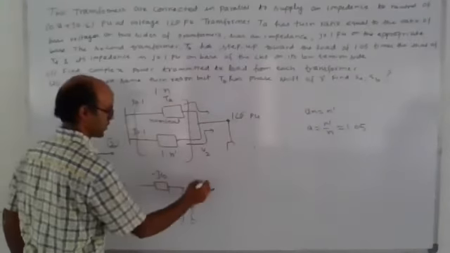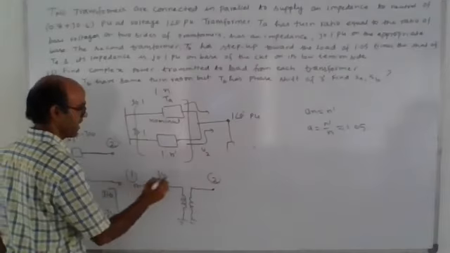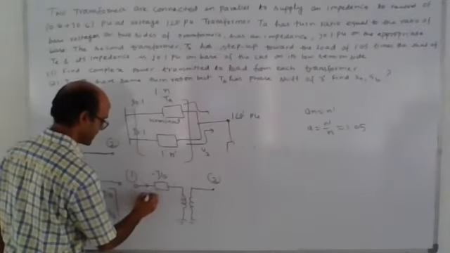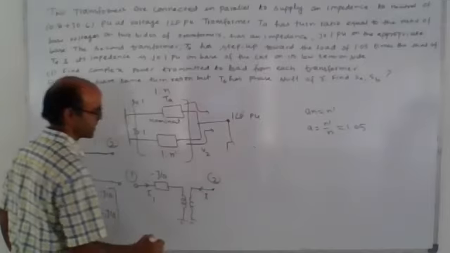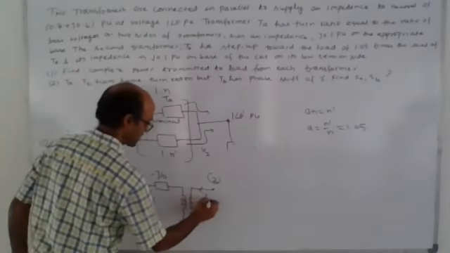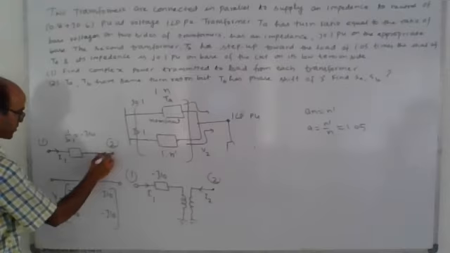So this is the second port, this is primary, and I am assuming current is incoming here. Here also I am assuming current is incoming. Similarly here I assume I1 is this, I2 is this.